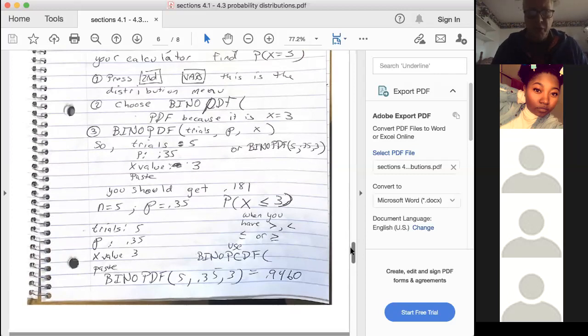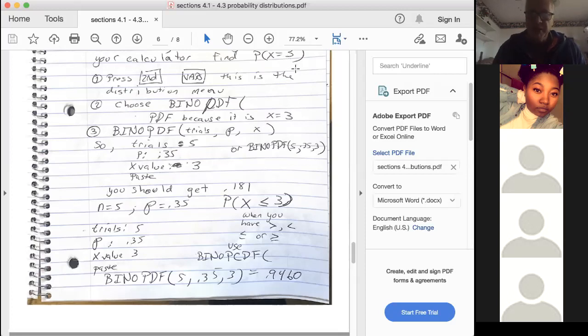That stands for distribution. Now, there are 2 types of binomial distribution functions we look at. There's a PDF called a probability distribution function, and there's a CDF called a cumulative distribution function. So here's the difference between the 2. The PDF is used when x is equal to a single number.